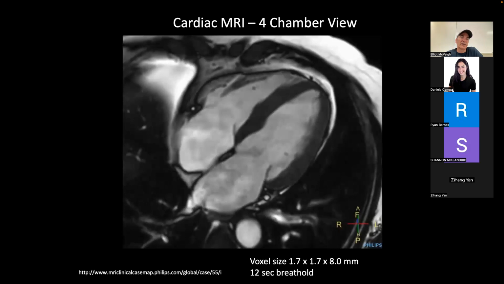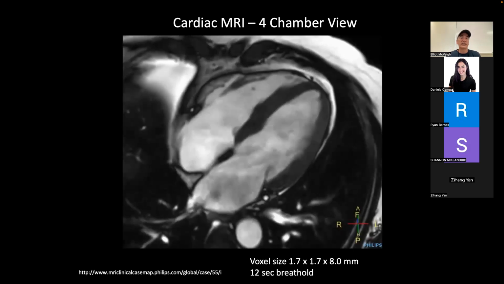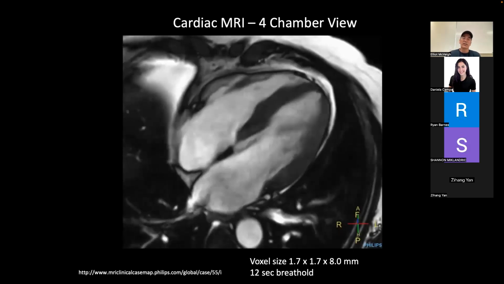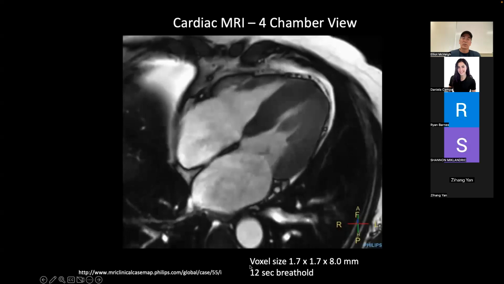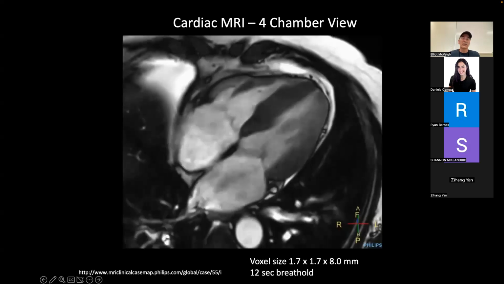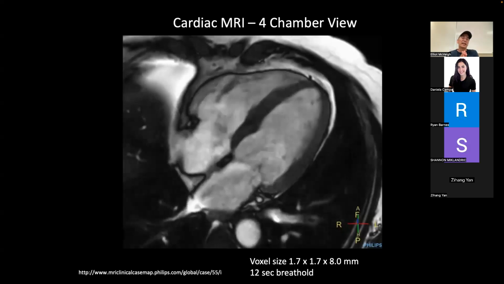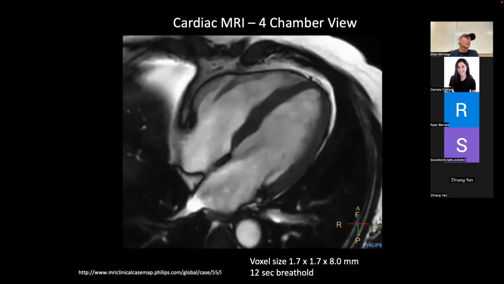Because of the way MR works, you can obtain data in any orientation. So here's another 12-second breath hold with the same voxel size, same resolution. And we've rotated the acquisition such that it is a plane cut through the heart and along the long axis.